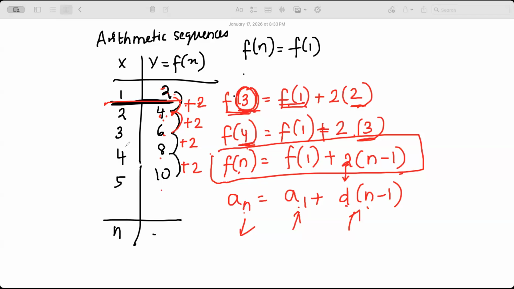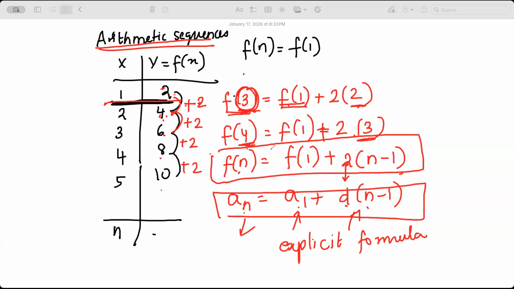So here, this is called the explicit formula, where you are able to find the nth term of a sequence using the first term of the sequence. Suppose I want to find a n from a n minus 1. I have to find a n, but I have a of n minus 1, meaning I have the third term.